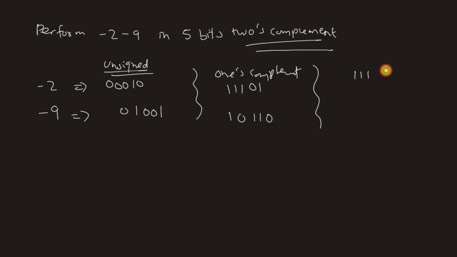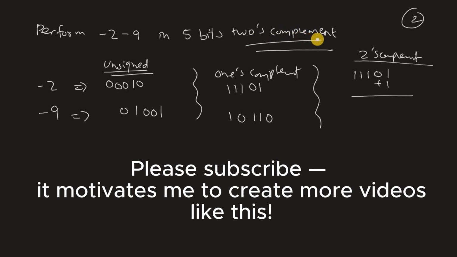So 1 1 1 0 1 plus 1. Now we're putting into 2's complement. And make sure to know really well how to do these questions of 2's complement, because I remember in the midterm there were two questions about this operation in 2's complement.